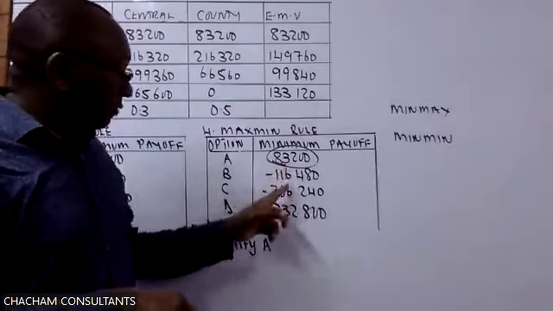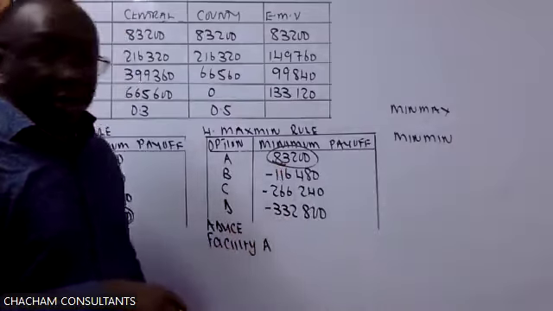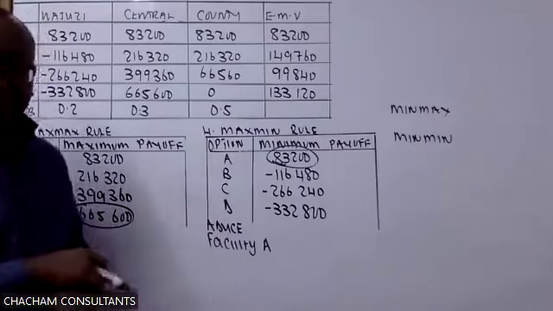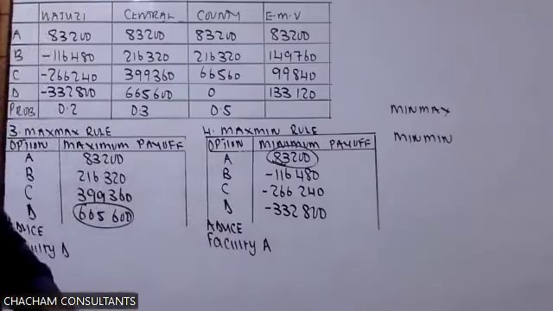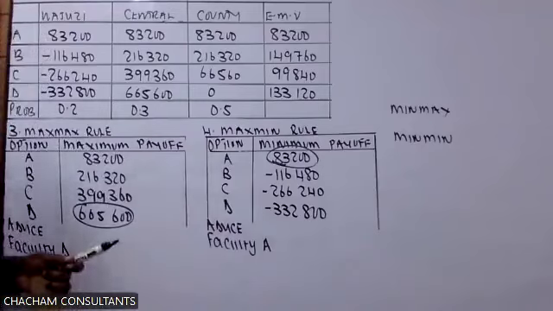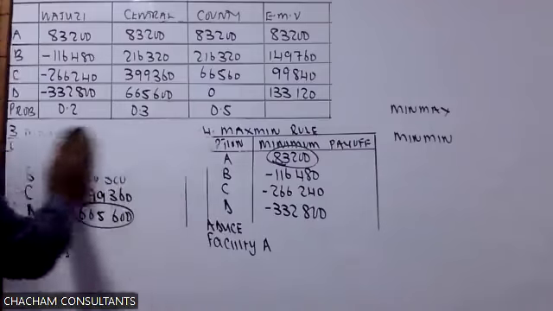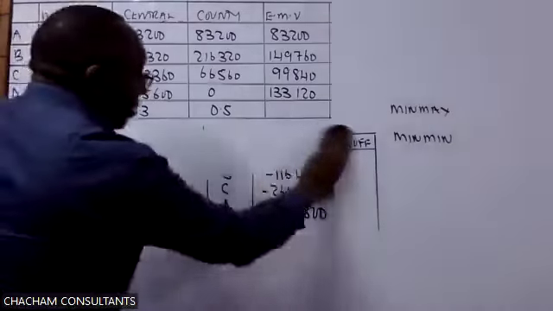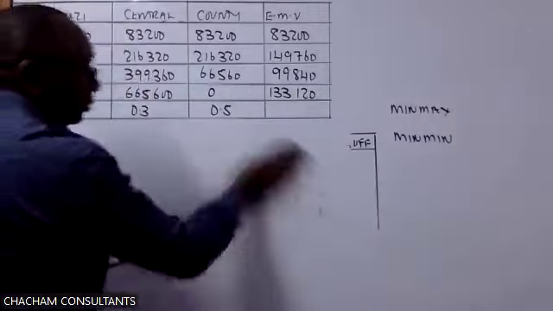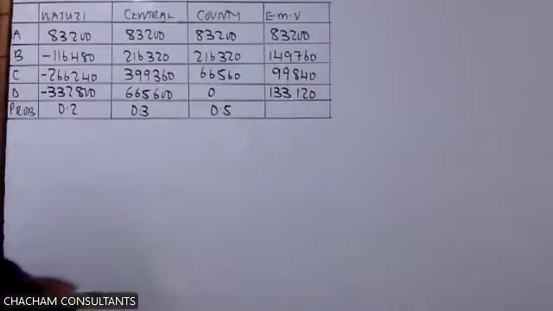So the minimum of these minimums is this one. So you are going to recommend they go for facility B. So what you can see is that different rules lead to different decisions. So that was number 4.